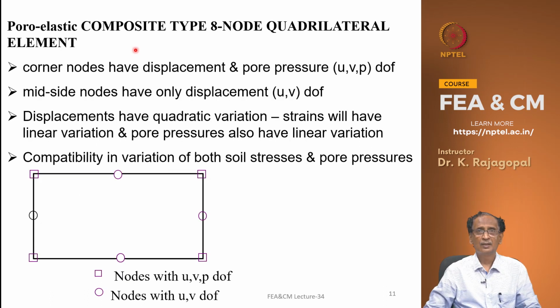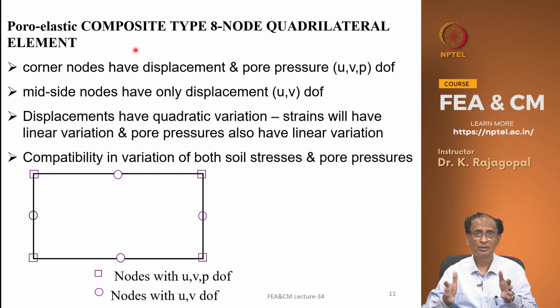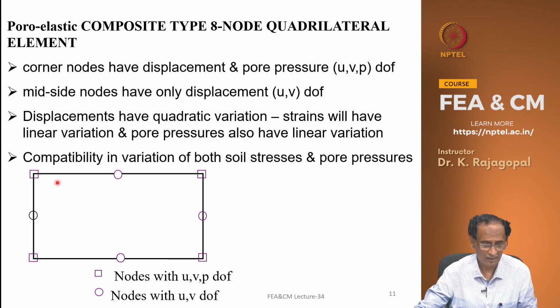And for solving this type of problems that involve both the displacements and the pore pressures, we need some other type of continuum element, that is called a pore elastic composite type element.